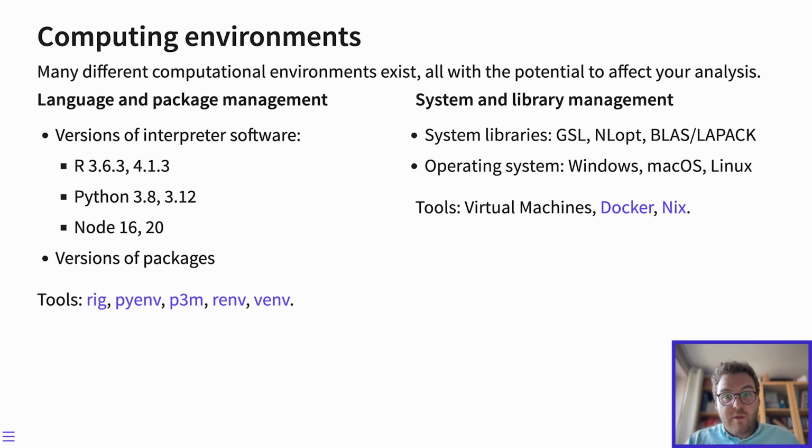However, if you find that it really is important that a certain system library has to be the same for your results to be consistent, there are ways to do that. There are tools like virtual machines and Docker, which are popular in the cloud space for reproducing system environments. And there's also a system, Nix, which is built to, again, reproduce a system environment.